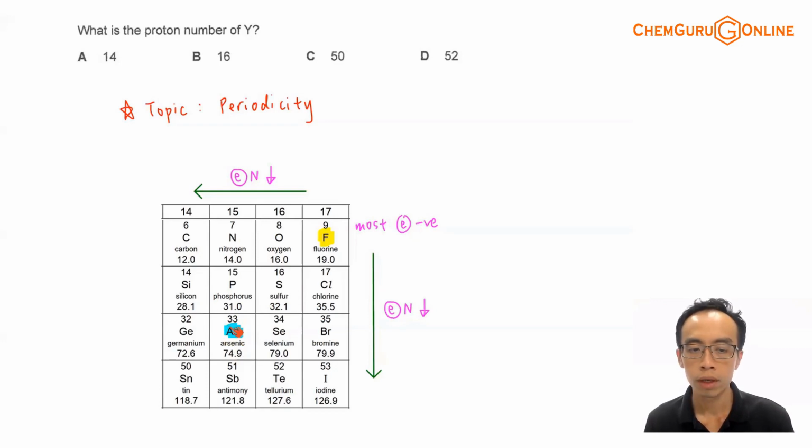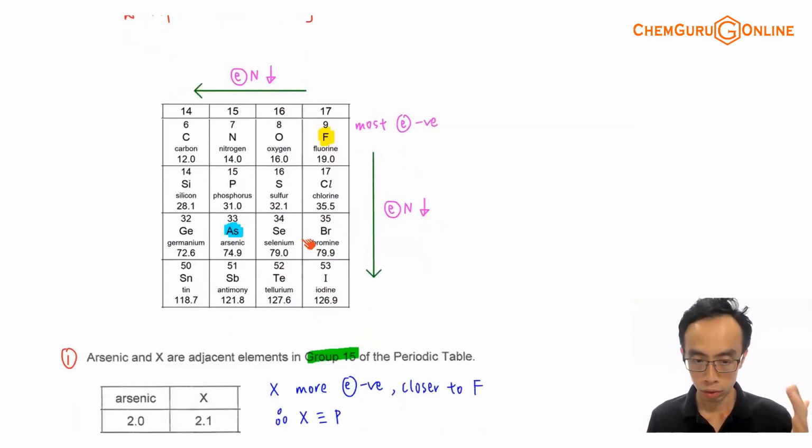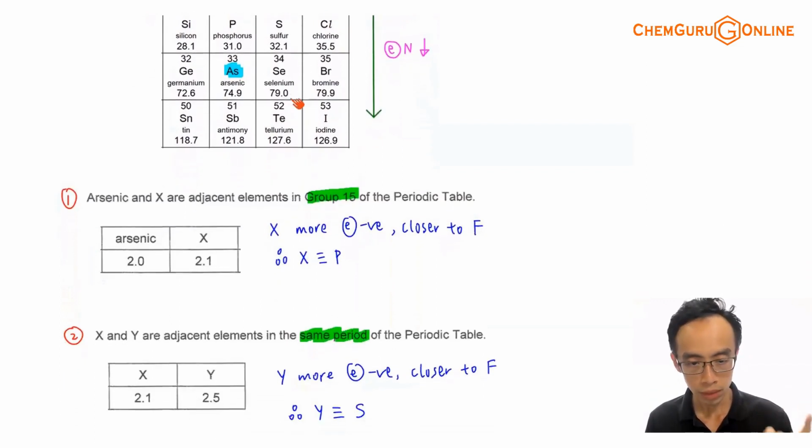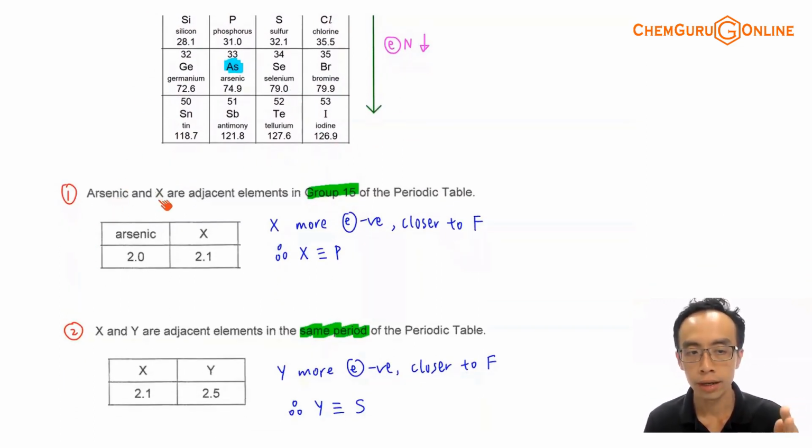Arsenic is here, and therefore what I want to do is decide what my Y is, and from there I can determine the proton number. So let us take a look at this part by part. Idea number 1: arsenic and X are adjacent elements in group 15 of the periodic table. Since X is more electronegative than arsenic, it should be closer to fluorine.